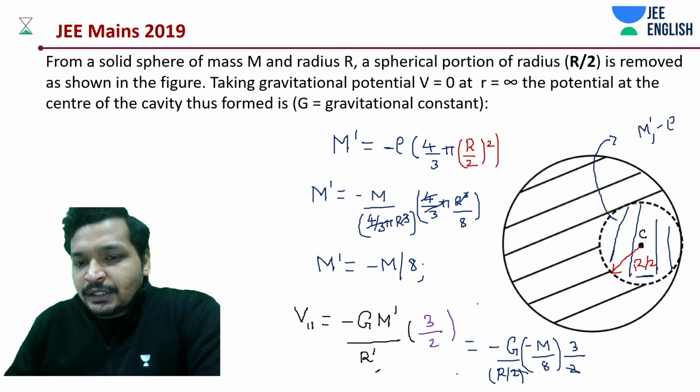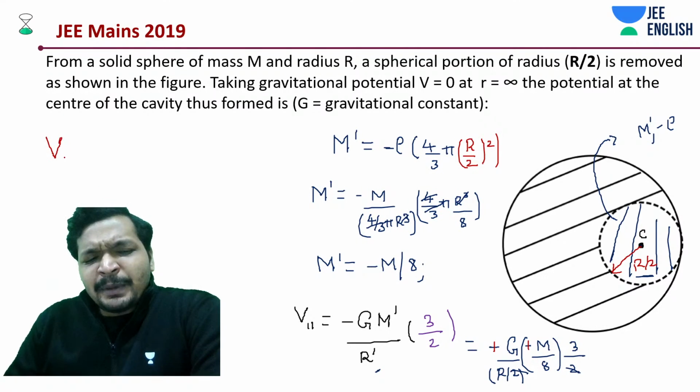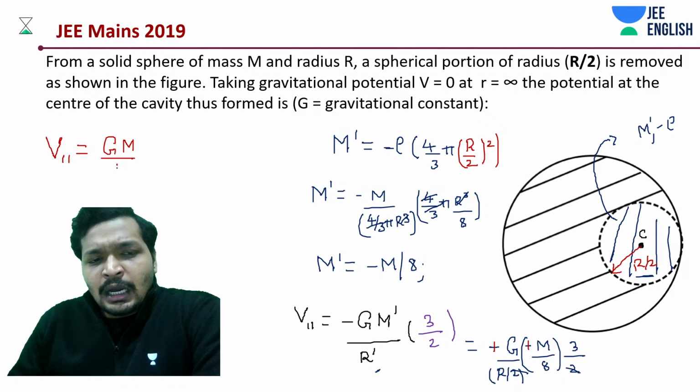You'll get a nice intuition of this problem. So due to the second part, that is the inner part, it would be GM by R, and it's positive. 3 by 8. It's positive, right?